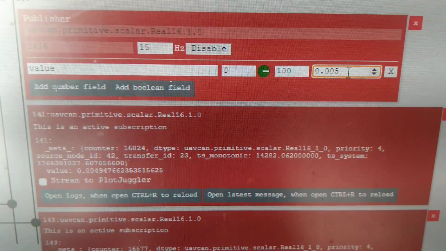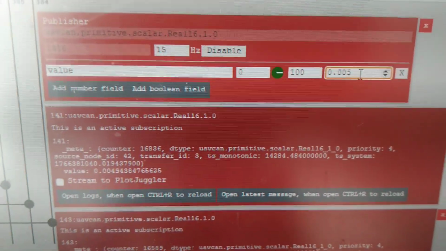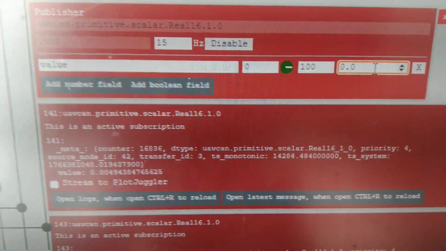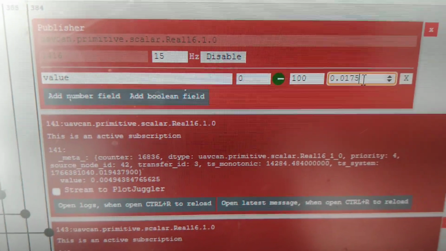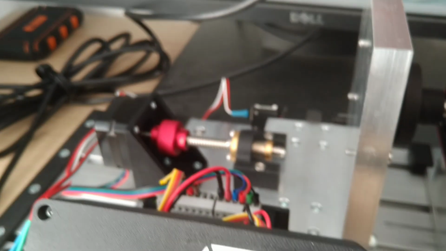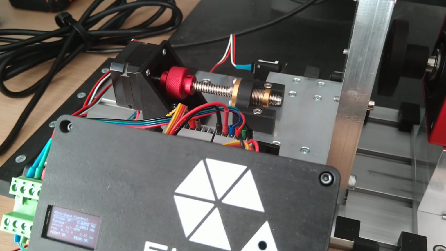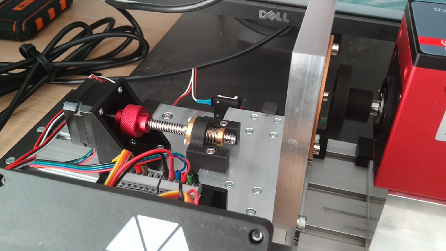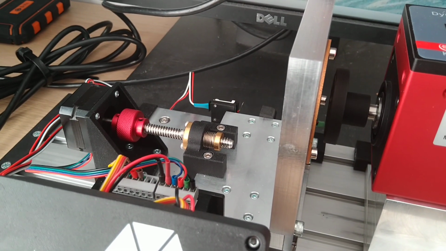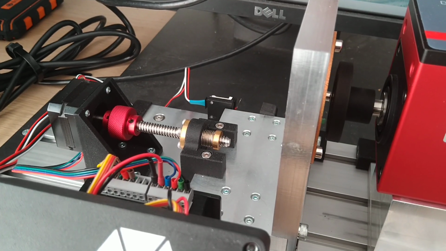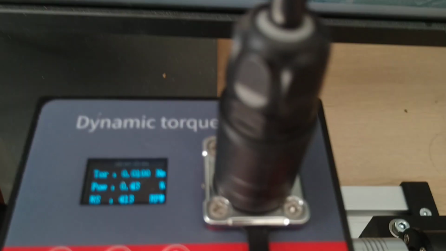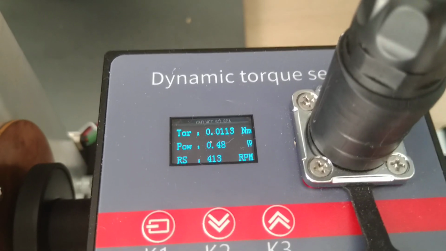All right, let's try now to increase the set point to, for example, 175. It's going to be very hard for the motor. This is not a particularly strong motor, but again, let's see what will be going on with the variable air gap stator side. Now it is adjusting, and let's see here. This is the most responsive display.